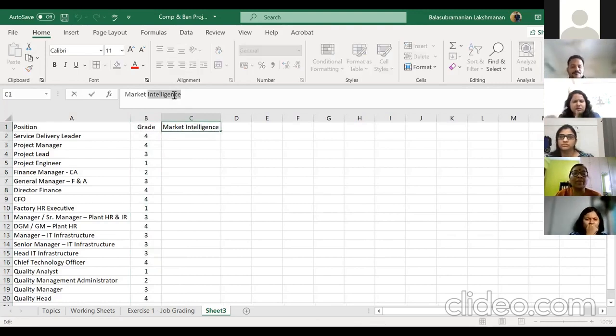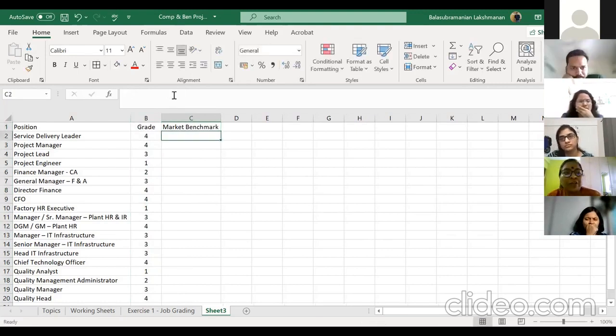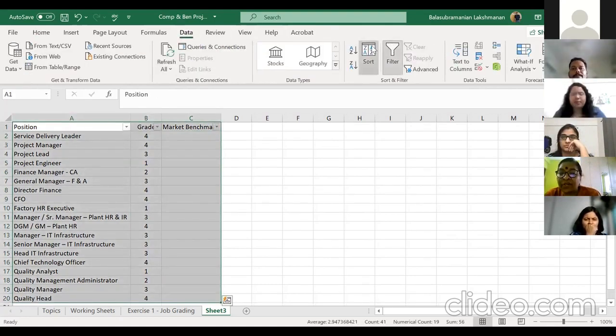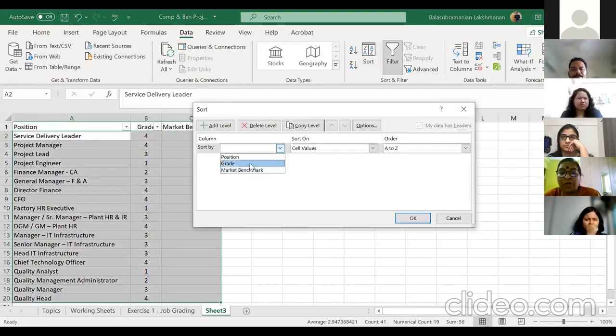So market data, not market intelligence, market benchmarking or market salary. For an IT organization, service delivery leader, project manager, per month, how much do they pay? Take an average salary, okay? Take about 5 to 10 minutes and fill up that data. Got it? You know what to do? We will be learning the entire external equity salary survey, but for now, just look at some data and do that.